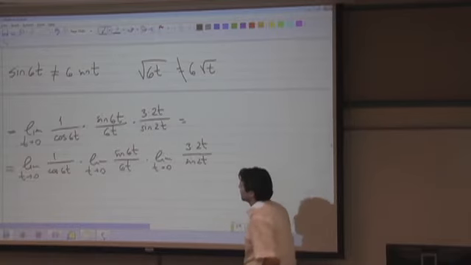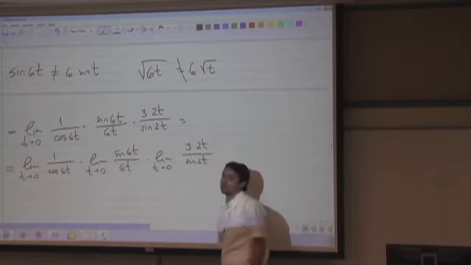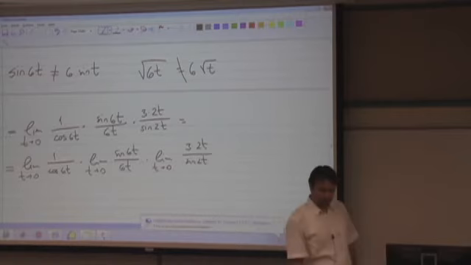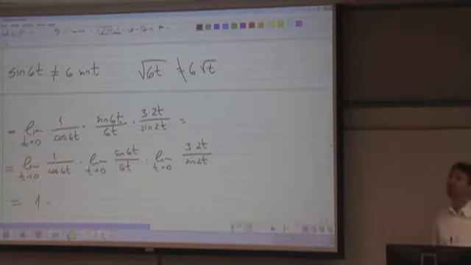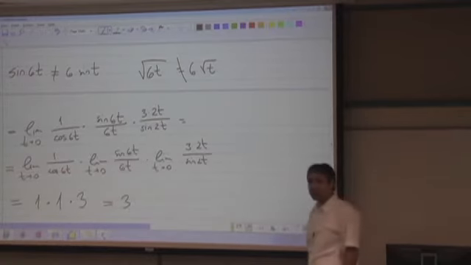Okay? So now, what is the first limit? Well, what is cosine of 0? 1. Okay. What is the second limit? 1. What is the third limit? 3. So what is my answer? 3. Does this make sense?